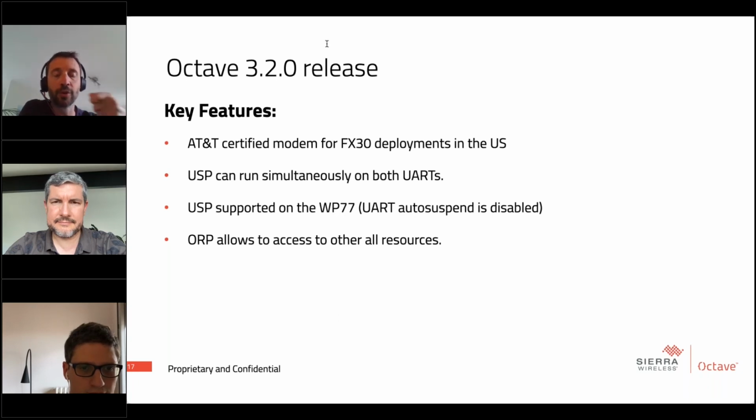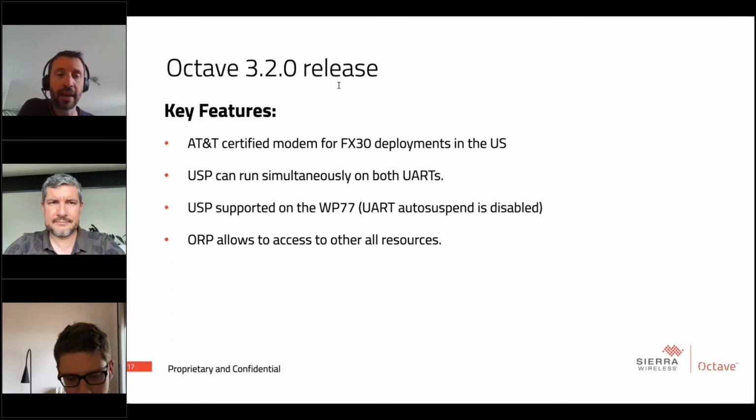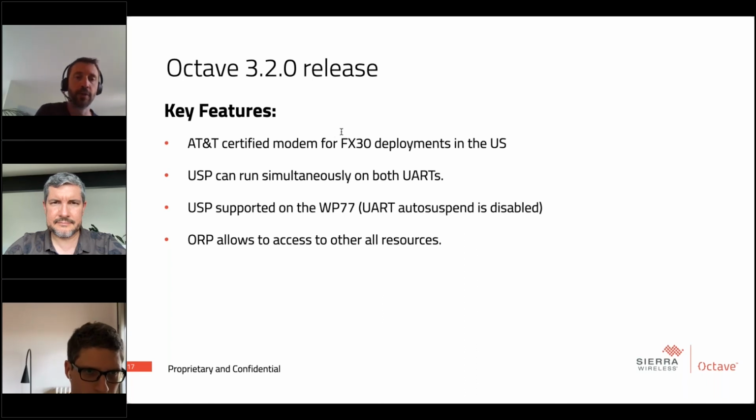So if you wanted to control some Octave components, enabling another sensor or accessing an Octave resource, you had to chain observations to pipe the ORP to the Octave resources, or the other way around. Now from ORP, you have full access to all Octave resources, which makes it really easy and simple to control everything that you can do on the Octave edge side directly from an external controller using ORP.